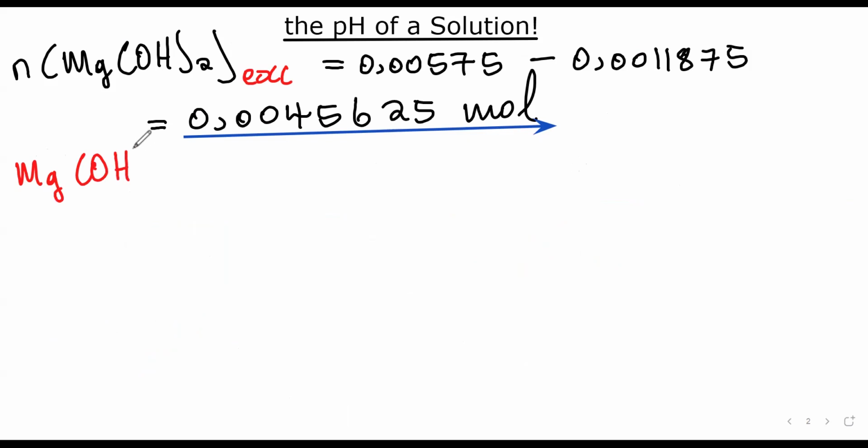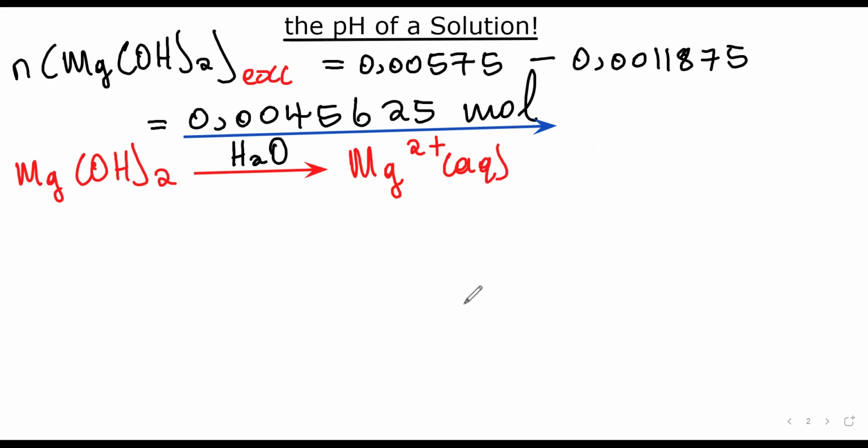So if we look at magnesium hydroxide and we dissolve this in water, well, we know that it's going to break up into its constituent ions. In other words, into the magnesium ions, which will be in aqueous solution. But the state here is not really important. And it's also going to form the hydroxide ions. But I want you to realize something that is very, very important. It's going to produce 2 moles of the hydroxide ions.